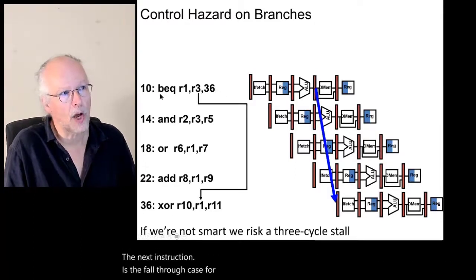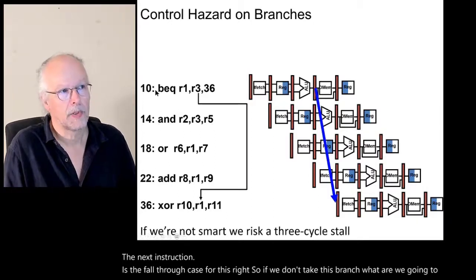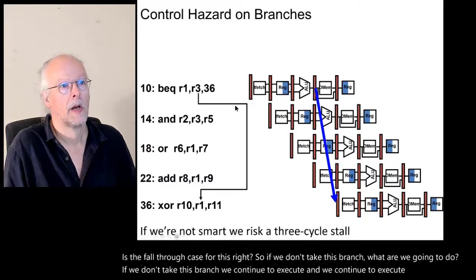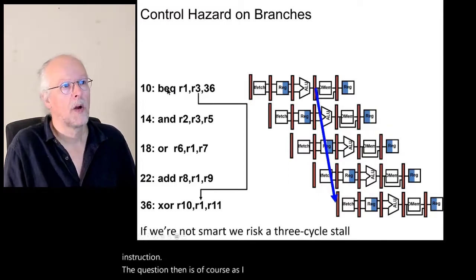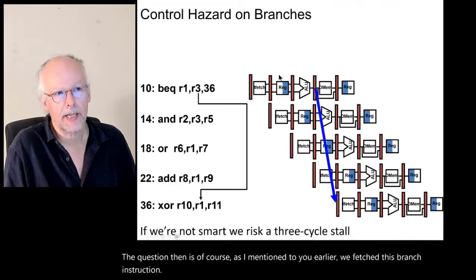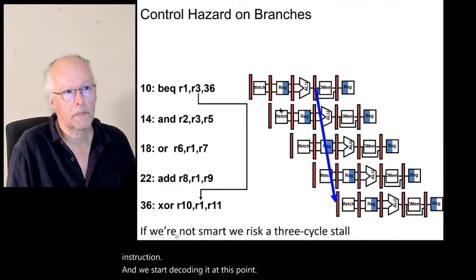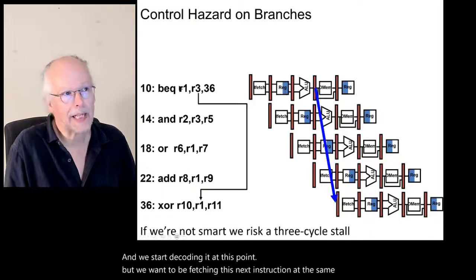So if we don't take this branch, we continue to execute this instruction. The question then is, of course, as I mentioned to you earlier, we fetch this branch instruction and we start decoding it at this point, but we want to be fetching this next instruction at the same time. But maybe that's a taken branch.